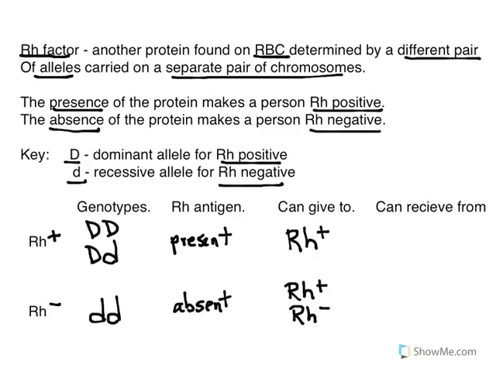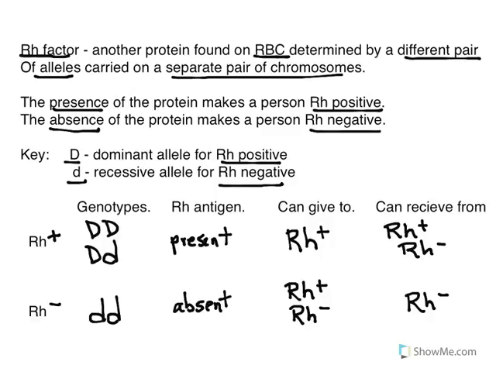If you are positive, you can receive from both Rh positive and Rh negative. But if you are negative, you can only receive from Rh negative. Since you do not have the antigen, if you receive it, your body will automatically build antibodies against it. That's why negative can only receive from negative.